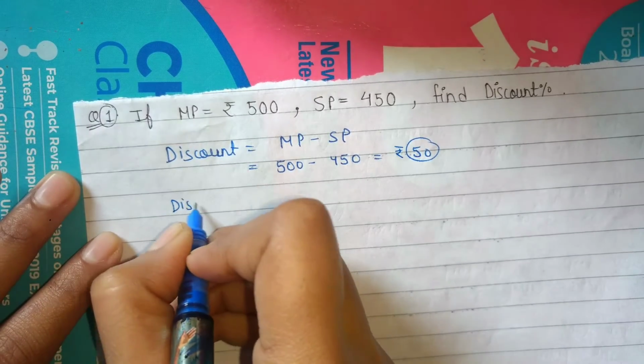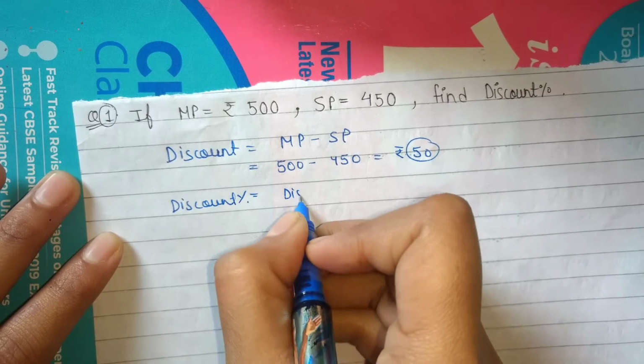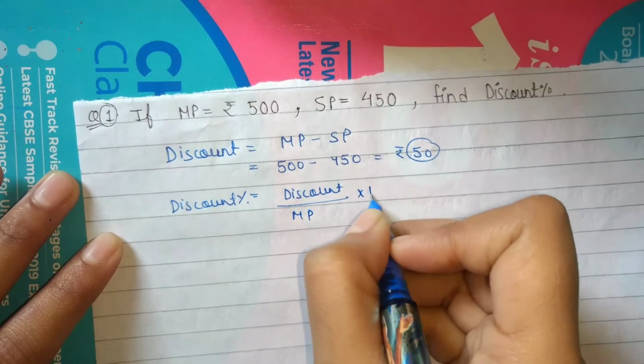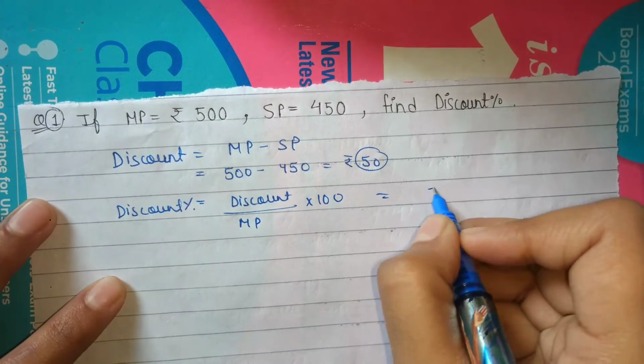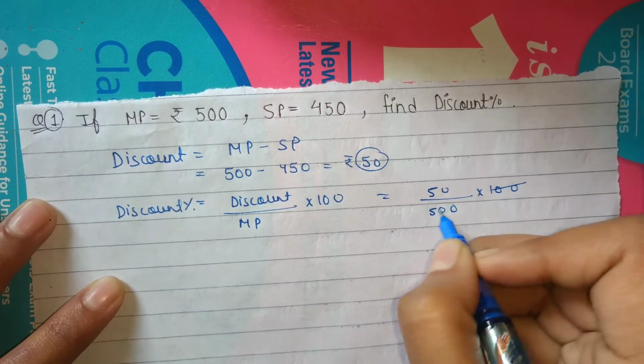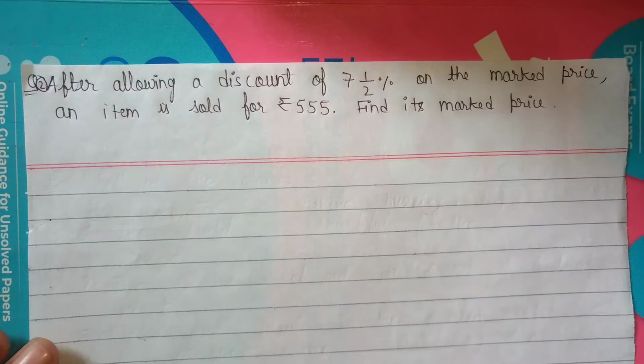So discount percent will be what? Discount percent is equal to discount divided by MP into 100, 50 divided by 500 into 100. Cancelled out, so 10% of discount. This is our discount percent.